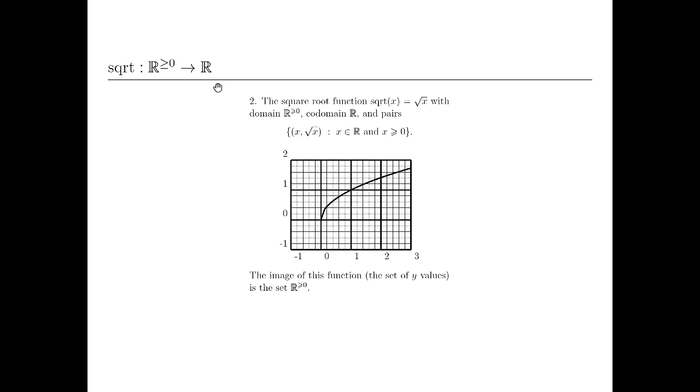So, of course, we could have chosen this codomain here to be equal to our image, in this case the set of non-negative reals. That would have been completely fine. Then it would be an onto function, right? If it's your function, you get to pick the codomain, right?